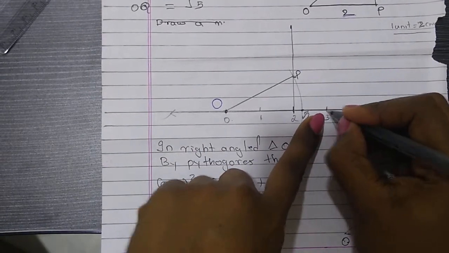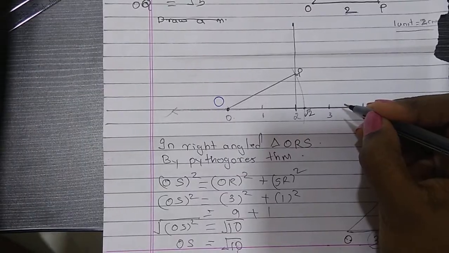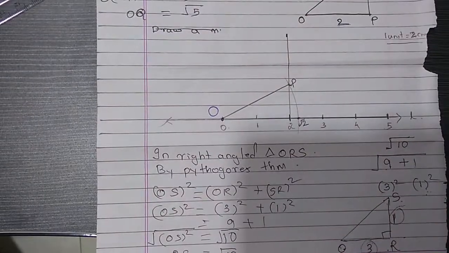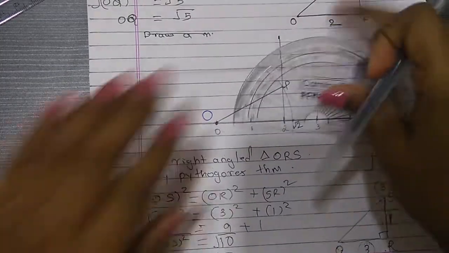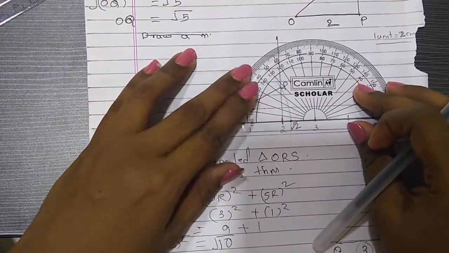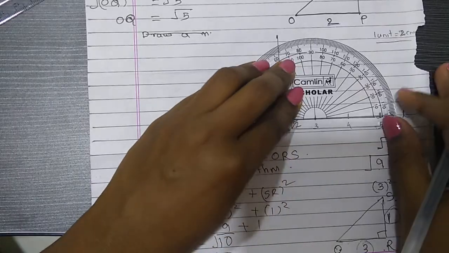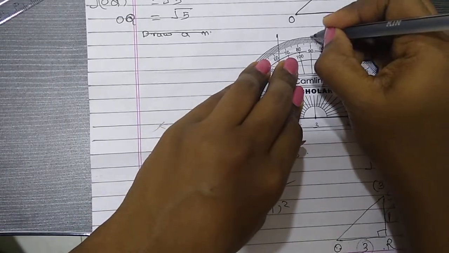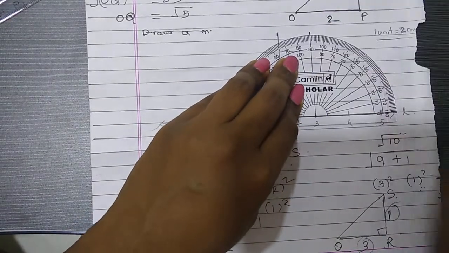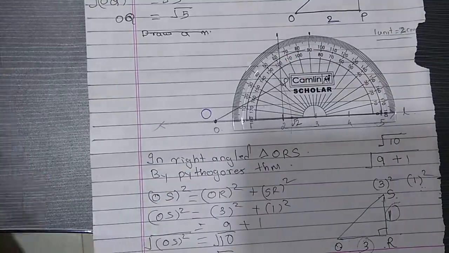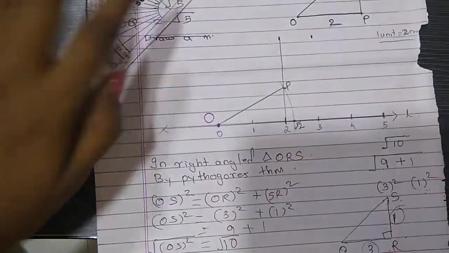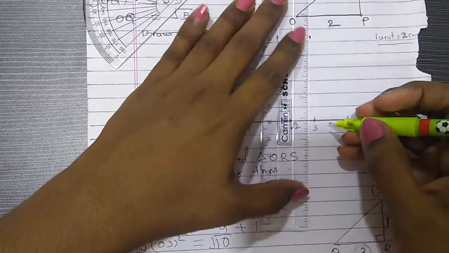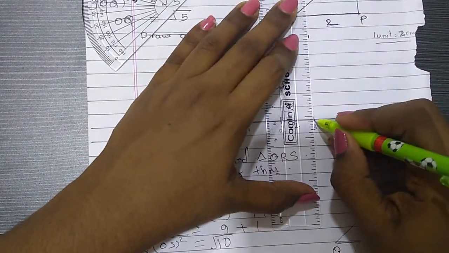So here I am going to take the protector and place it at point 3, and I'll be marking the 90 degree. Now I'll be taking my scale and I'll be drawing a straight line.